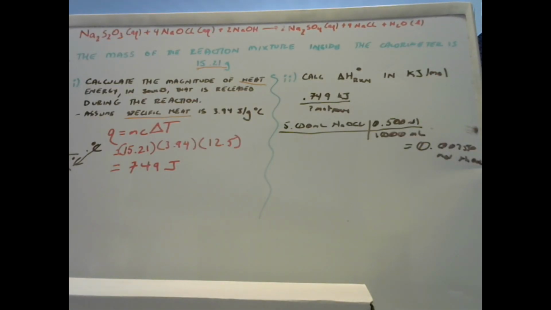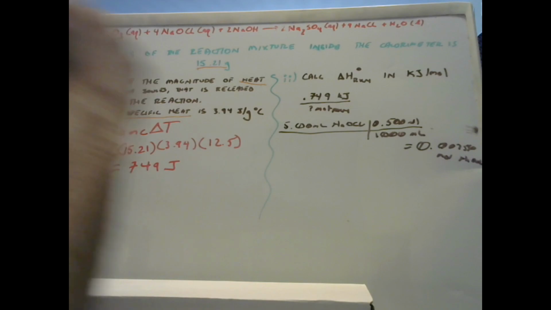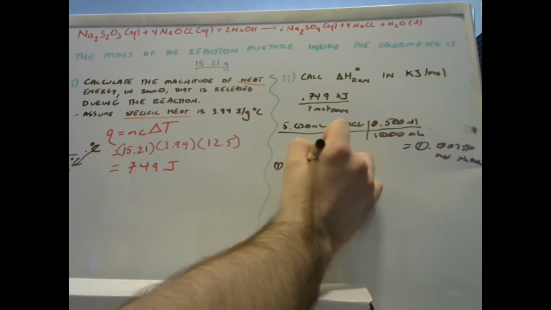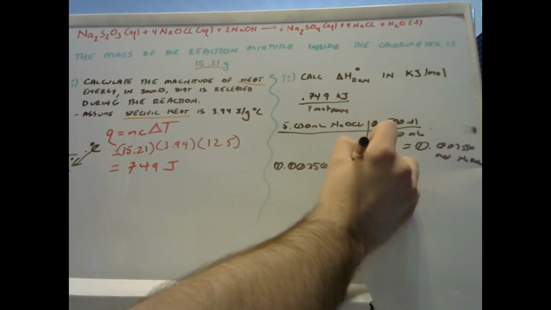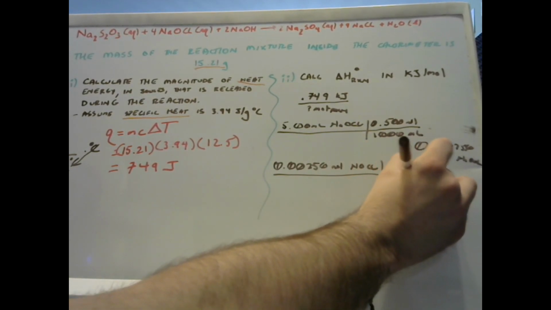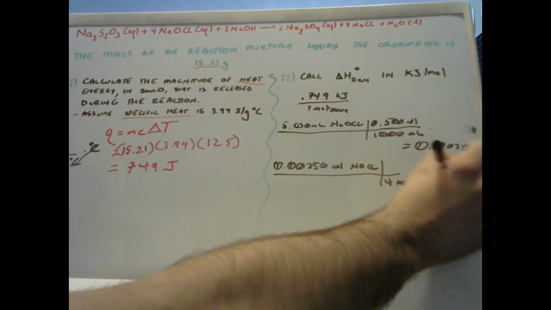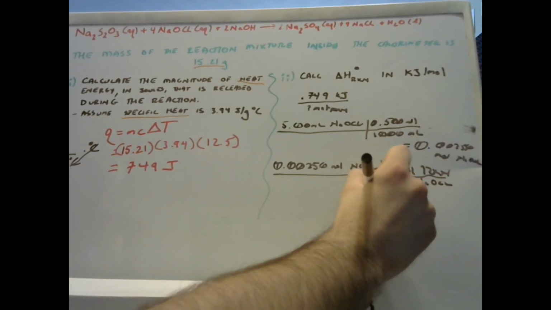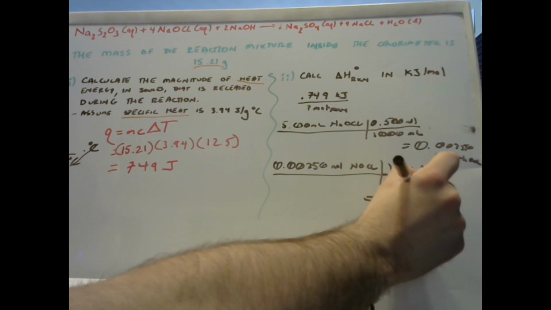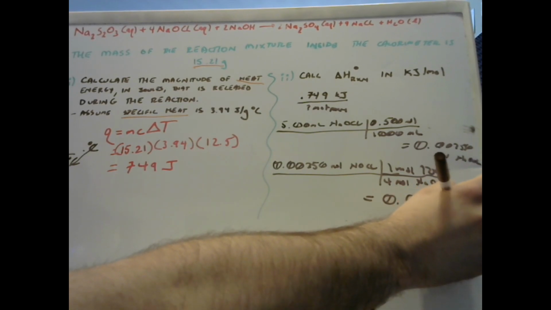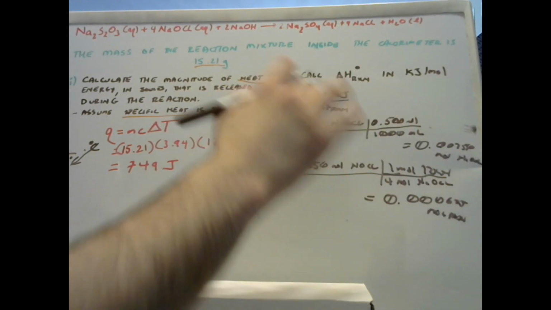If we go back to our original reaction, it takes 4 moles to make this reaction go once, or 1 mole of reaction. So 0.00250 mole NaOCl, well, it's 4 mole NaOCl per 1 mole reaction. This will give you 0.0000625 mole reaction. Then you're going to divide this by this.